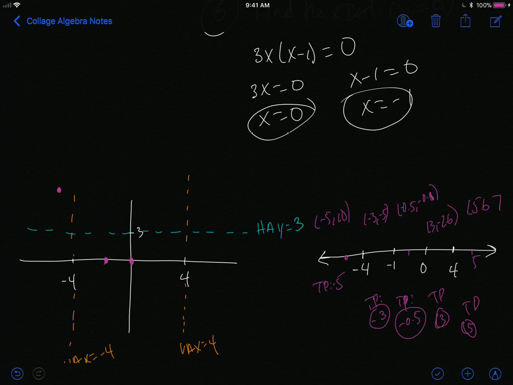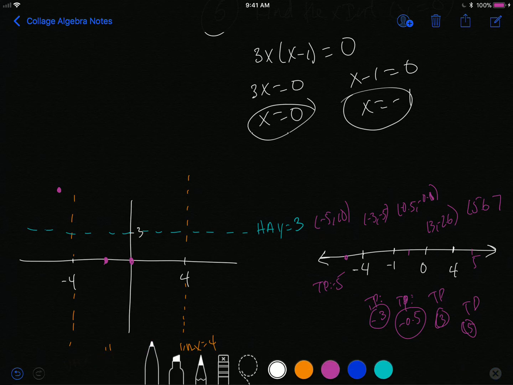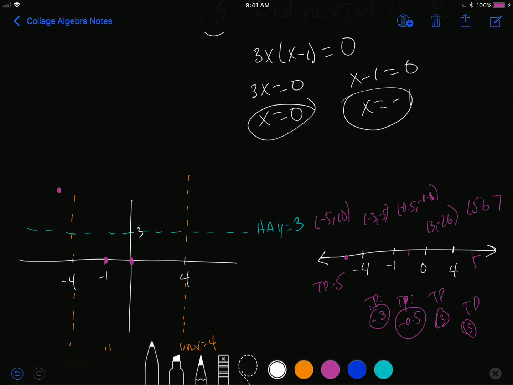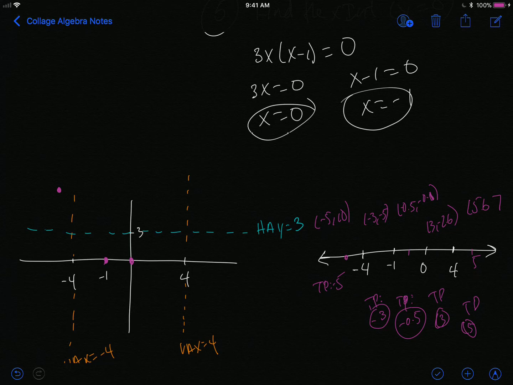So back to my graph over here that I'm trying to draw desperately. This point right here is negative 1. When I plugged in negative 3, I got negative 5. So negative 3, negative 5, that's a point down here. You can see the point coming in right here.